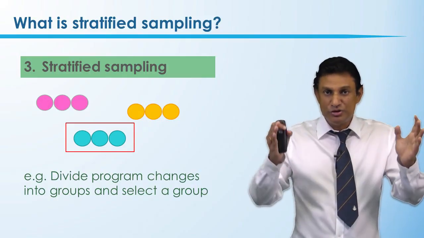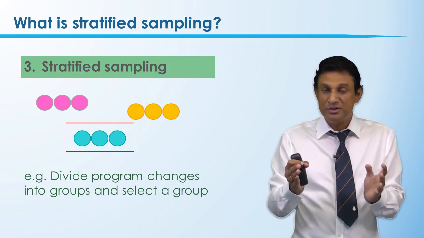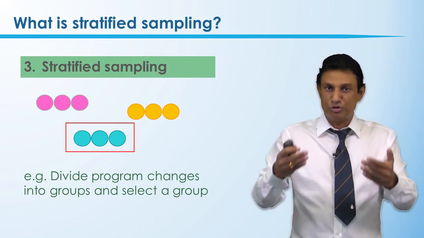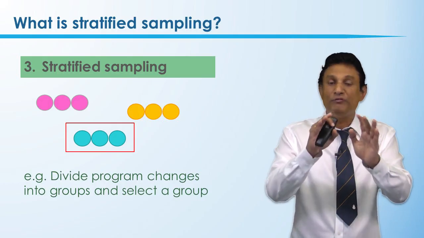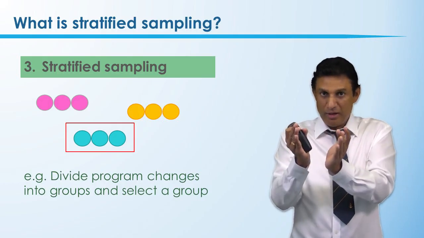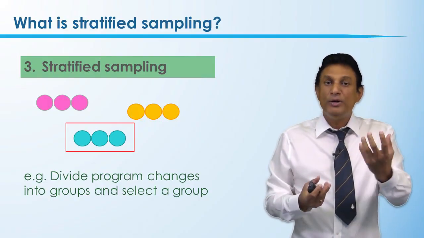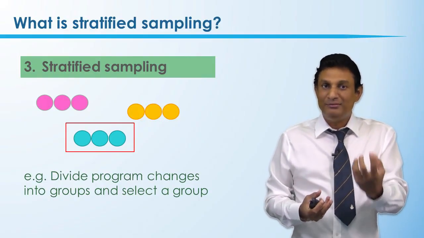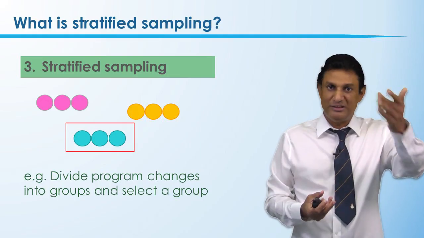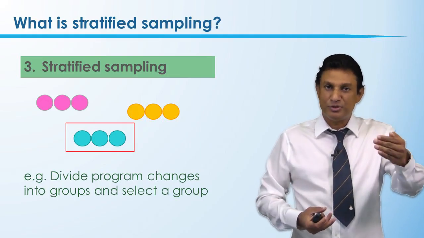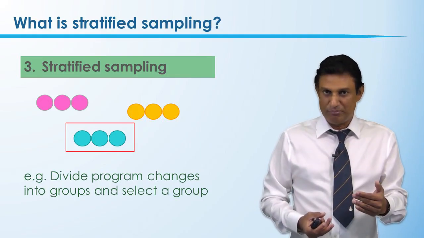And for the entire university students, we divide into undergraduate and postgraduate. So we put them into different strata. And then within each stratum, we pick a sample using the first 2 techniques, either simple random sampling or systematic sampling. Understand?